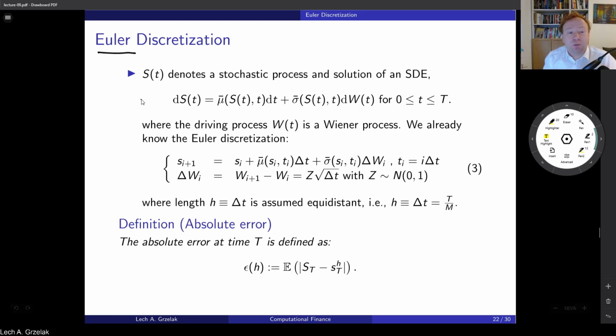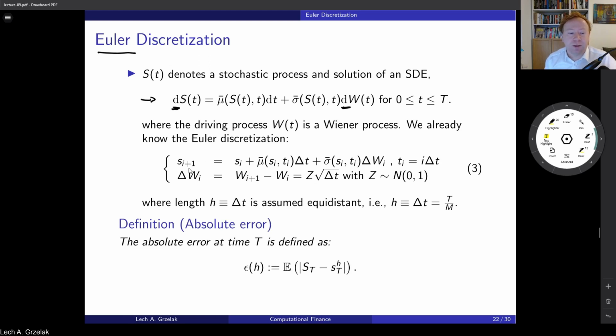So we start with a stochastic differential equation. Here I consider just a one-dimensional case, but the same approach will hold for multi-dimensional cases. And this is something we have already seen in Euler discretization. Here we perform a kind of Ito discretization.